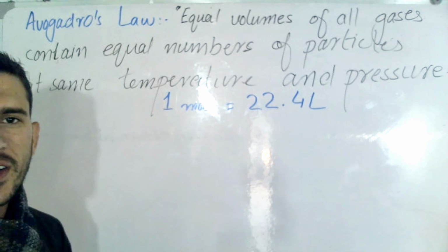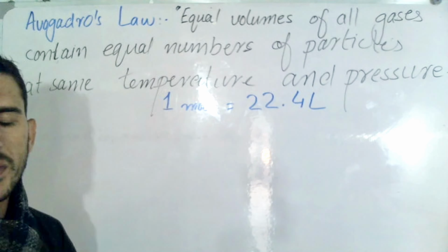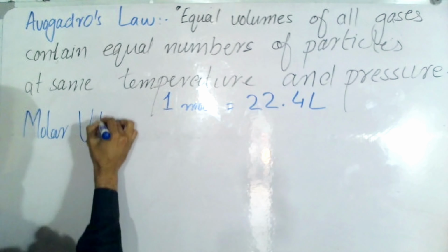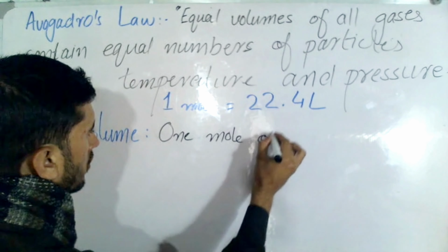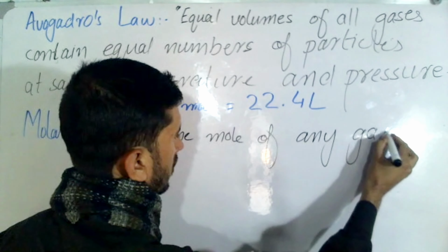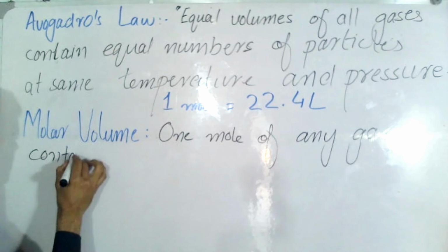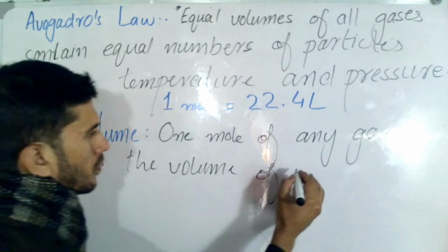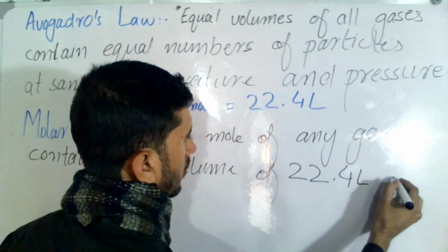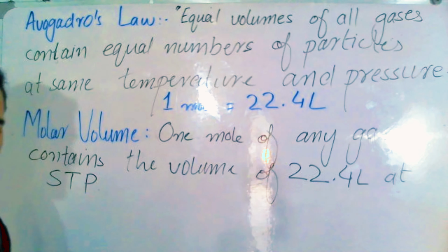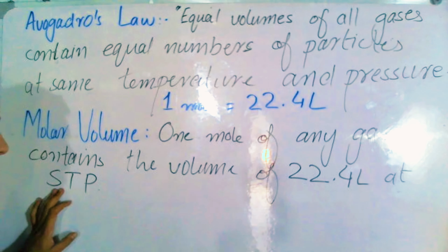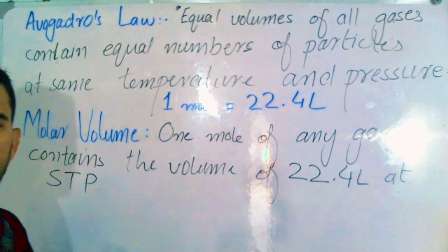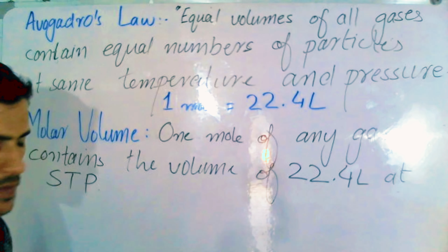Now we will see how to define the molar volume. One mole of any gas contains the volume of 22.4 liters at STP. This is the definition of molar volume.